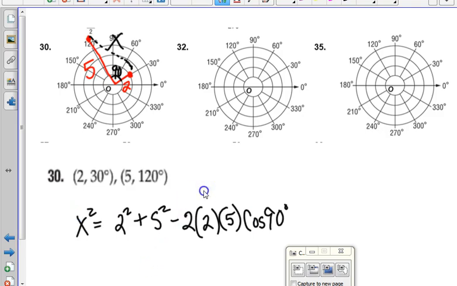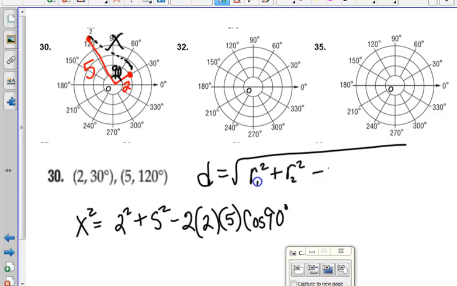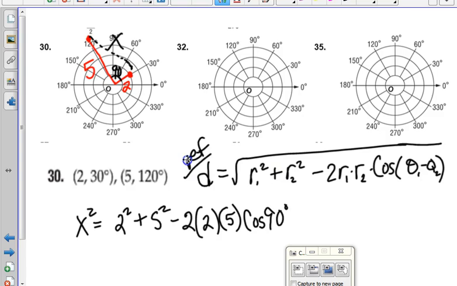Okay, it's written on your sheet as the distance is, let me guess, radius 1 squared plus radius 2 squared minus 2 times radius 1 times radius 2 times the cosine of the difference in the angles. How did I do? Because it's the same thing, okay? The same thing. But this is off the reference sheet.